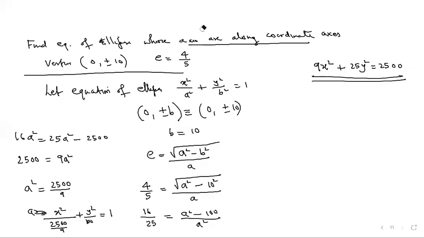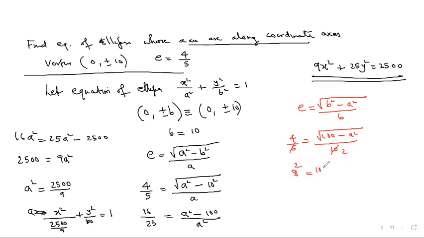Then my answer would have been by another method, that is, if I take e as root of b square minus a square upon b. So now 4 by 5 is root of 100 minus a square upon 10. If you want, you can cancel this. 8 square equals 100 minus a square.